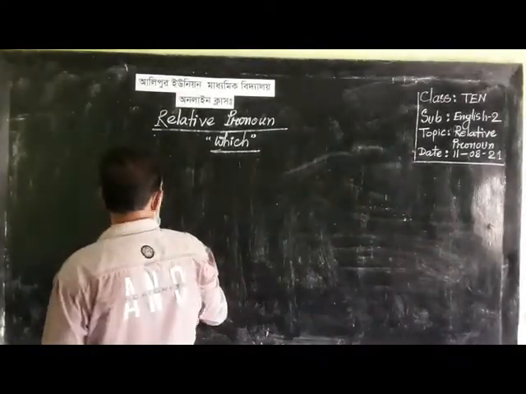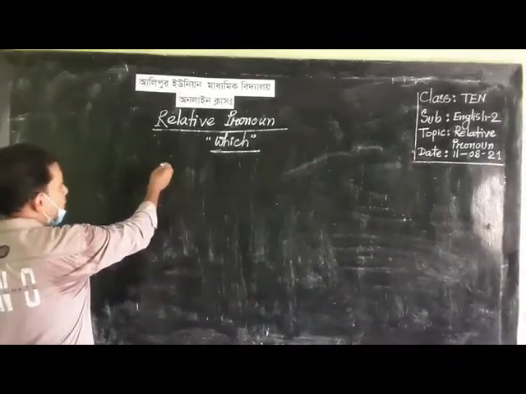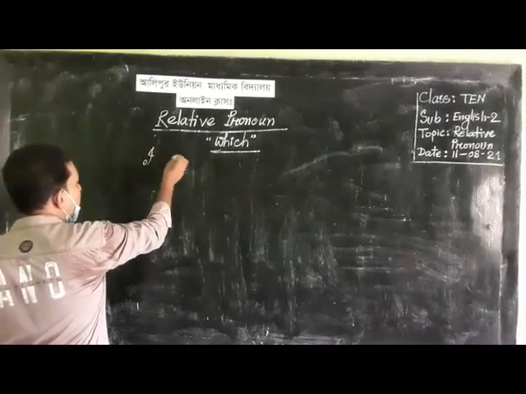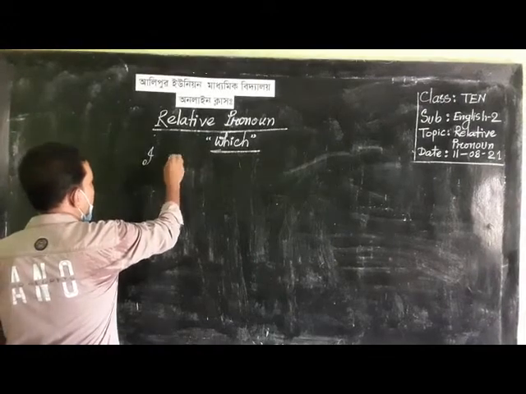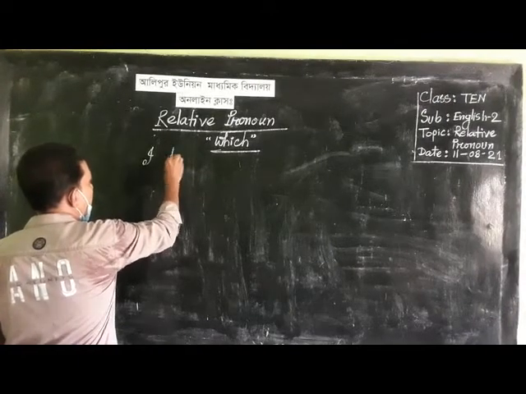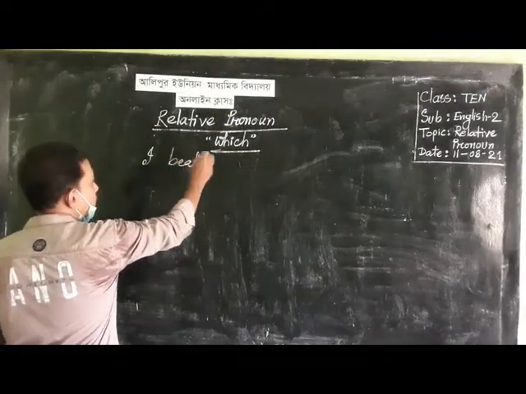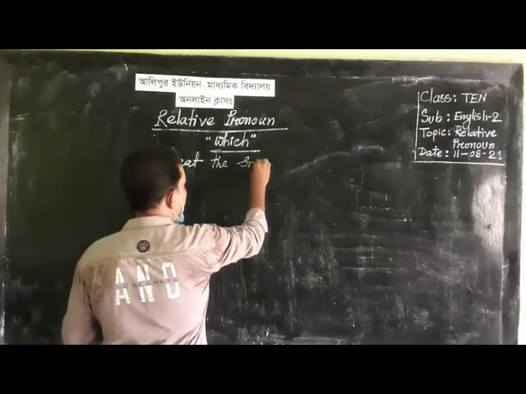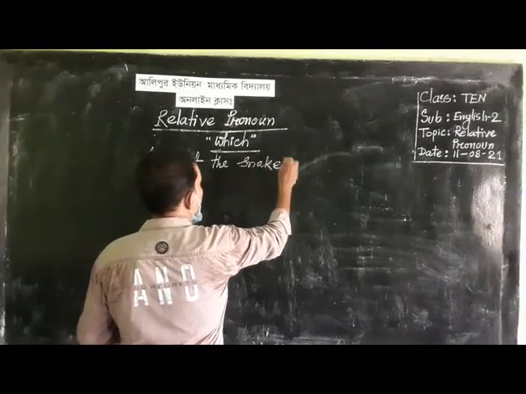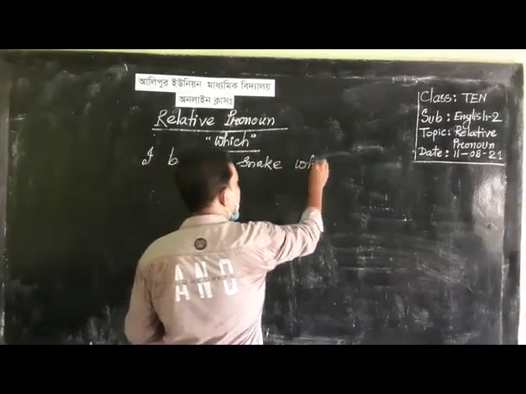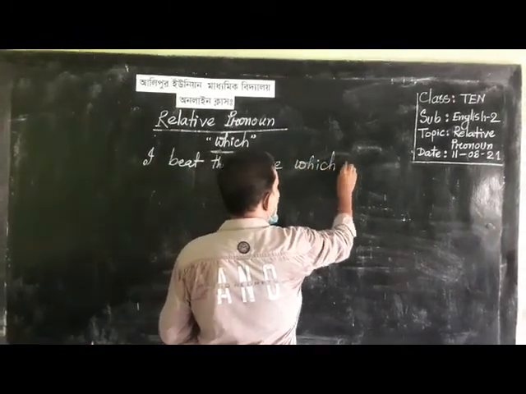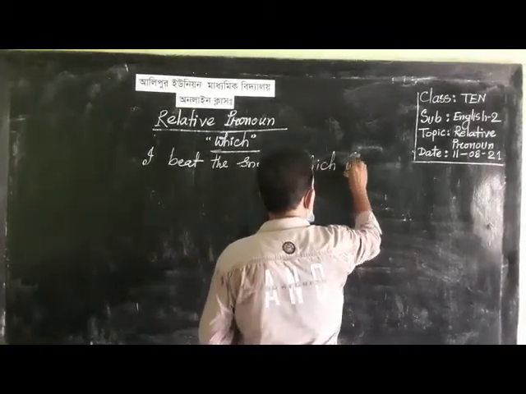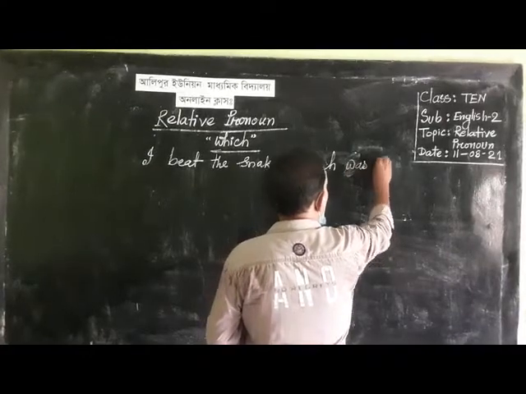I am going to give another example of using this relative pronoun, such as: I beat the snake which was venomous.